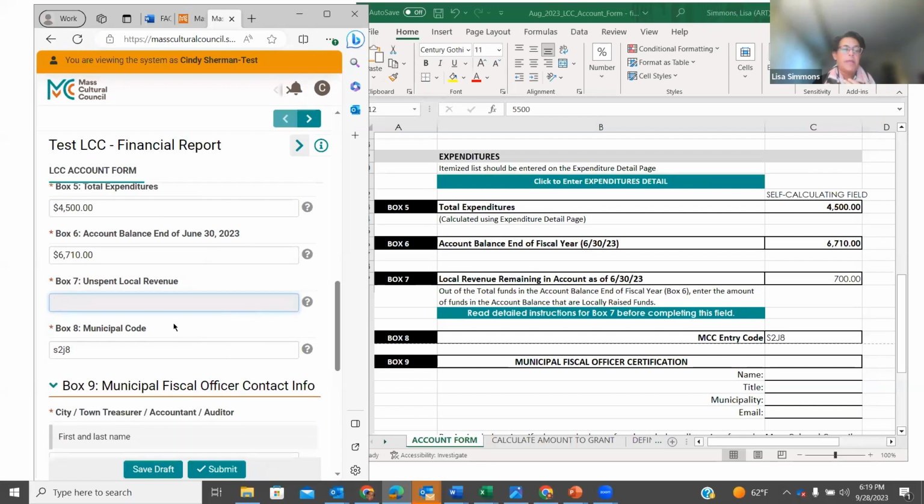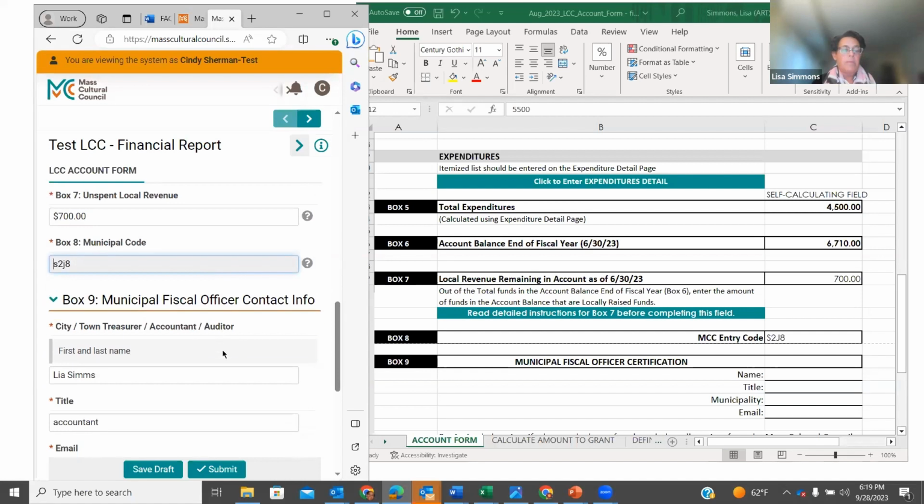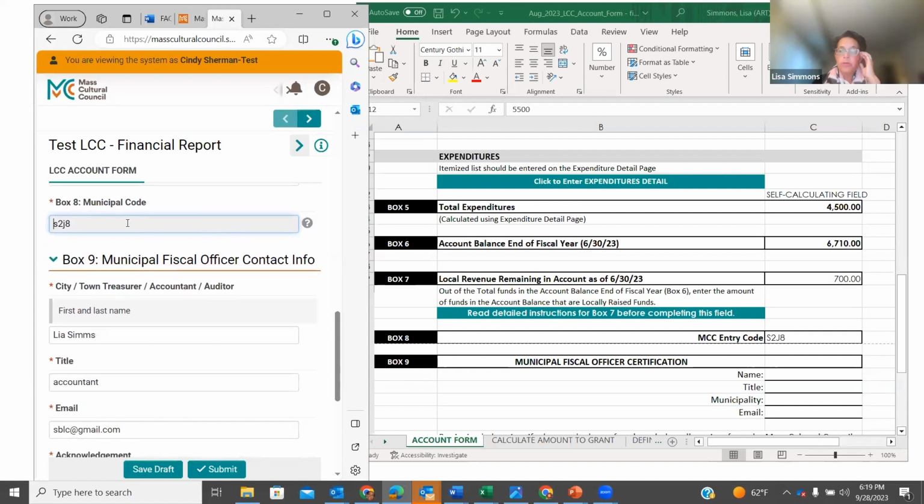So this council has unspent local revenue, and you want to make sure that you put that in here, because if you don't put local revenue that you have not spent in this box 7, you cannot take it out in the next tab. And we'll talk a little bit about that. But this particular council has $700 in remaining local money. And then we move to the municipal code.